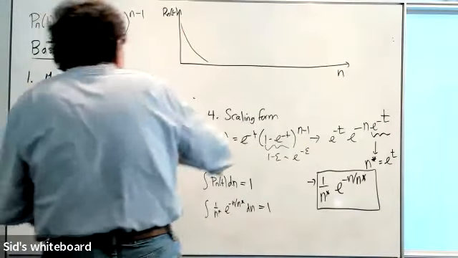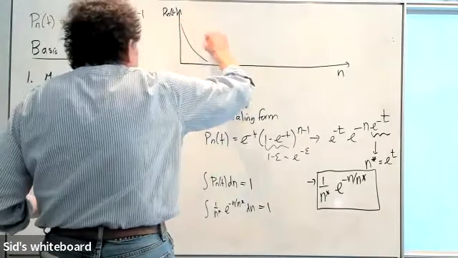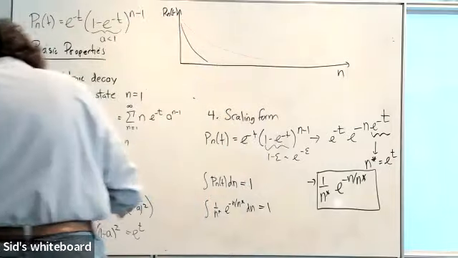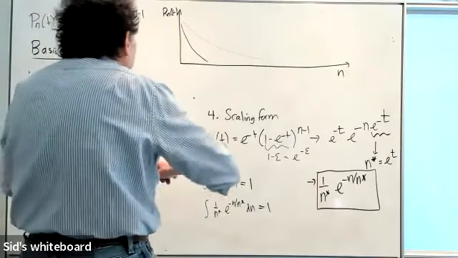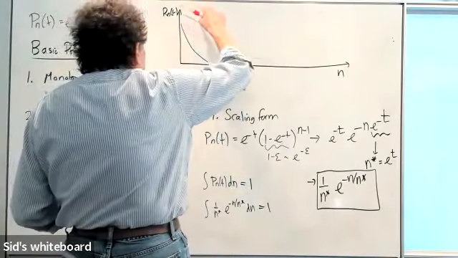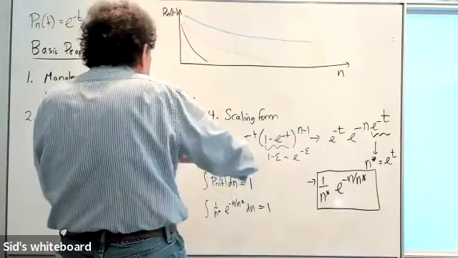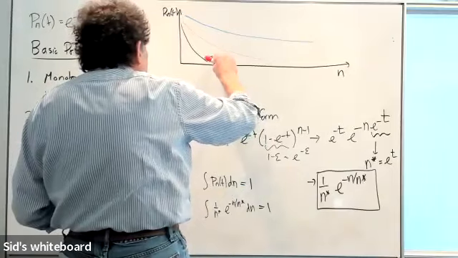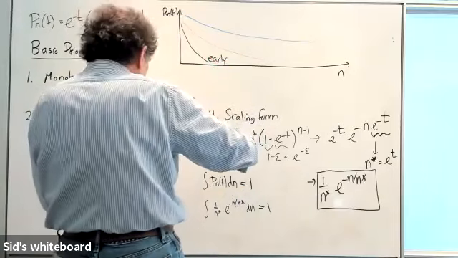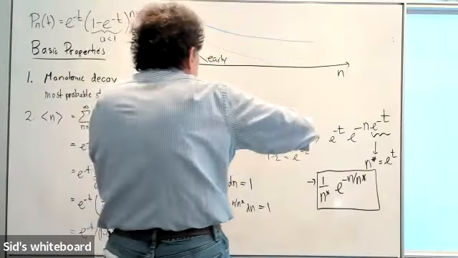At later times, it looks something like this. I hope you can see the red and tell me if you can't. And at still later times, it looks like this. So this is early time. This is intermediate.